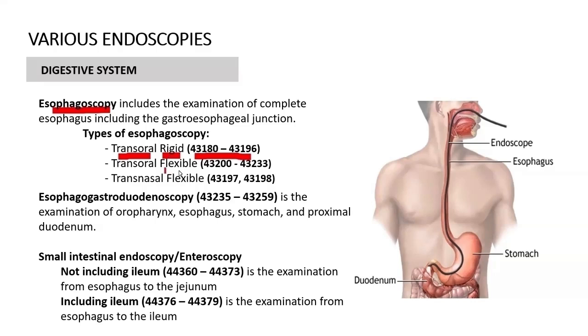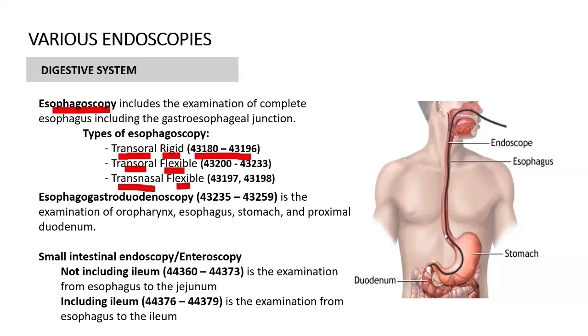If the flexible endoscope is inserted through mouth to visualize esophagus, it is called transoral flexible esophagoscopy. If the flexible endoscope is inserted through nose, transnasal, to visualize esophagus, it is called transnasal flexible esophagoscopy.